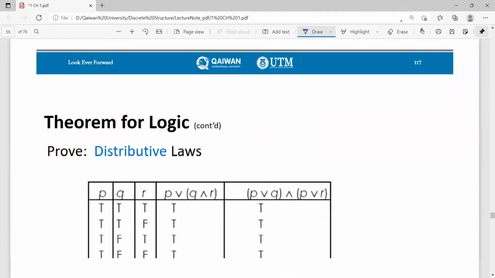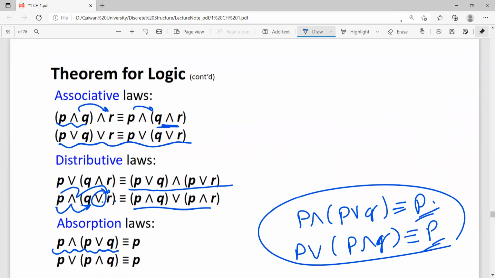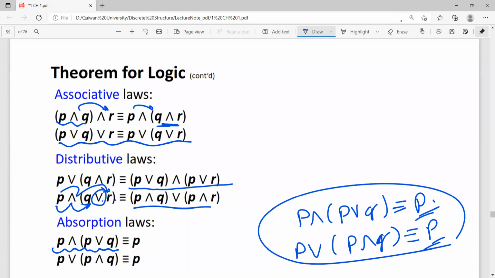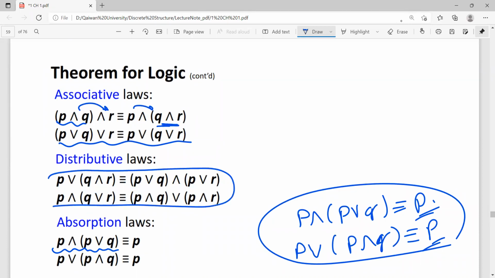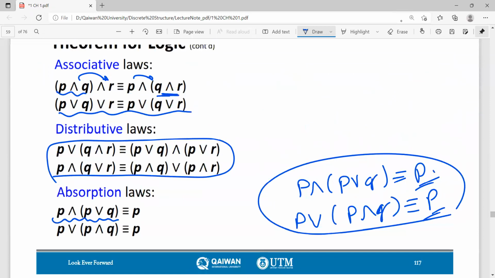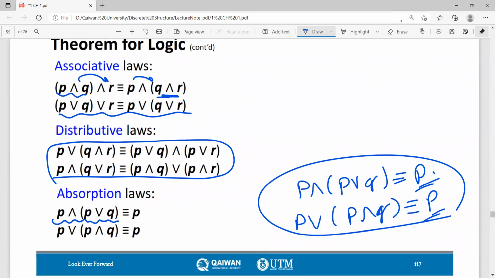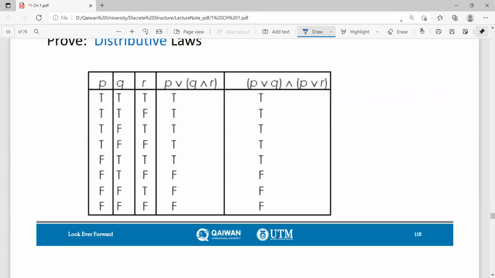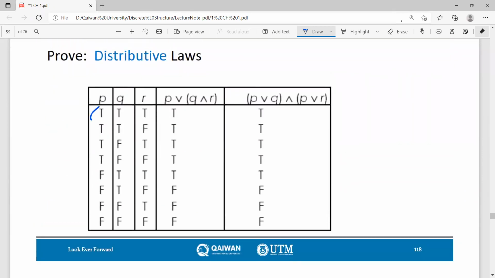You have the distributive law. We are going to make the truth table for the distributive law: P or (Q and R) is equivalent to (P or Q) and (P or R). As you see, we have 8 statements.